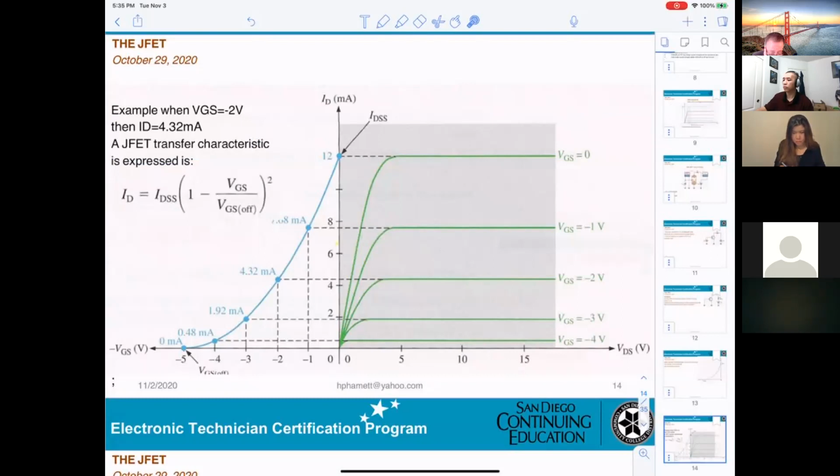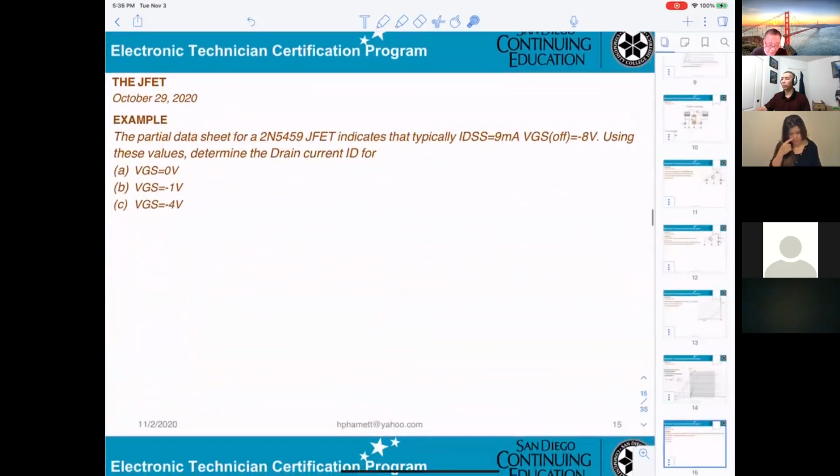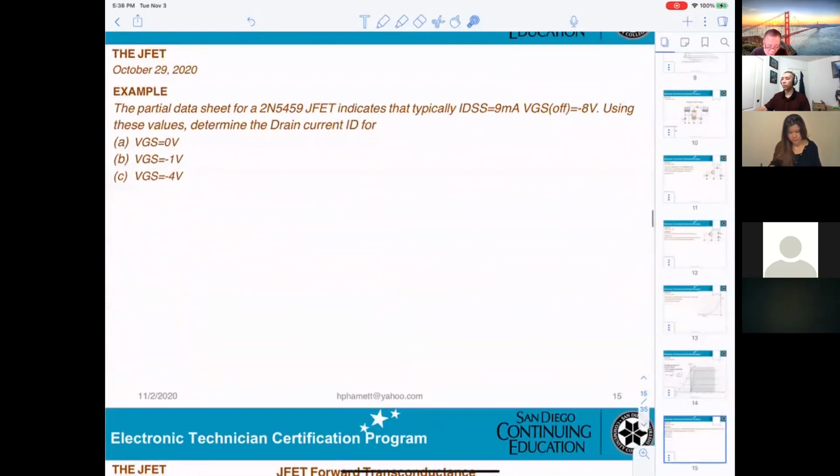For you, the formula we will use all the time to calculate ID is: ID equals IDSS times (1 minus VGS over VGS off) squared. This example is already done.